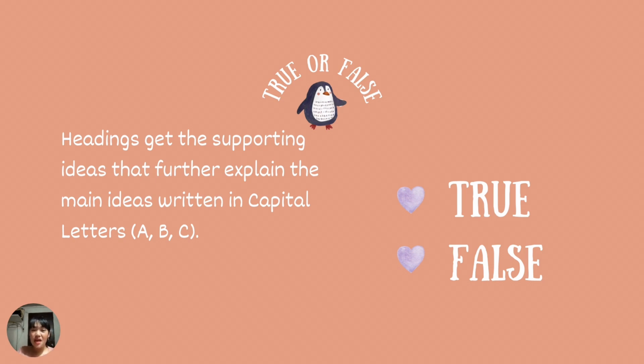They are written in capital letters A, B, and C. Is this true or false? Of course, this is false because heading is the main idea and it is written in Roman numerals.